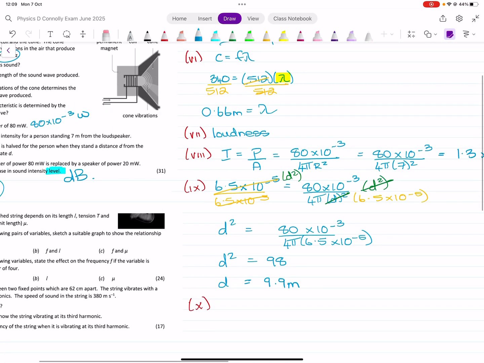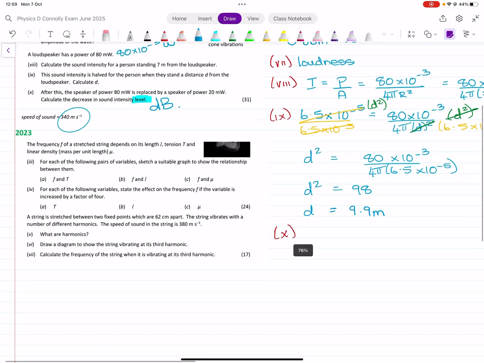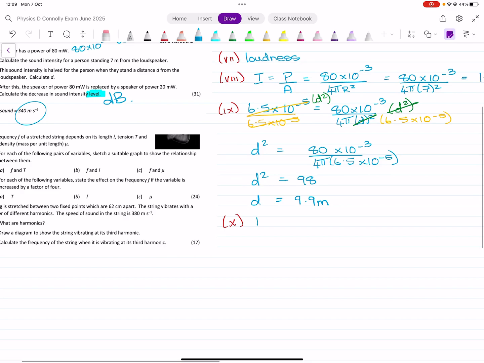I suppose it doesn't really matter which one I use. So we don't know the sound intensity. The power has gone to 20 by 10 to the minus 3, and then it's 4 pi 9.9 squared.